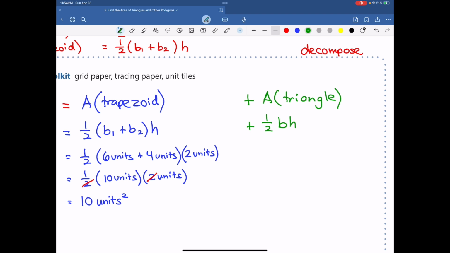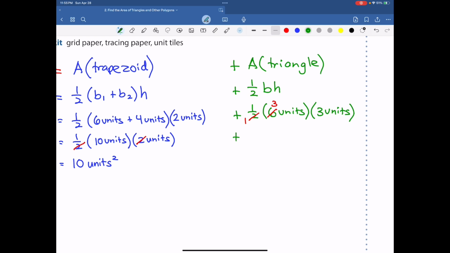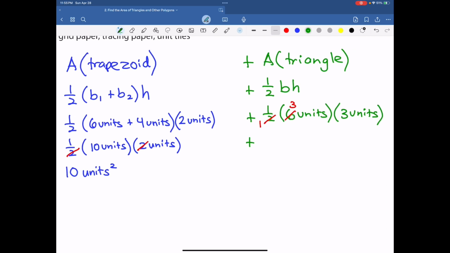So on the next line, write down plus 1/2 times 6 units times 3 units. We can simplify the 2 and the 6. Divide by 2, divide by 2. That gives me 1 and 3. And I can see that my final answer is 9 units squared.